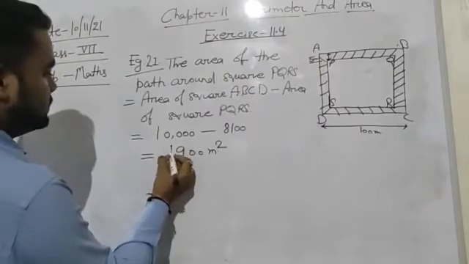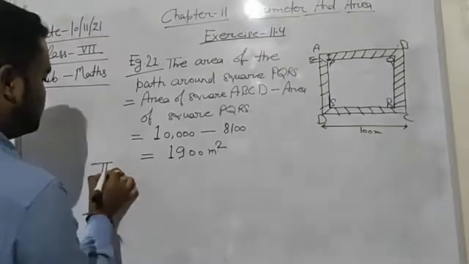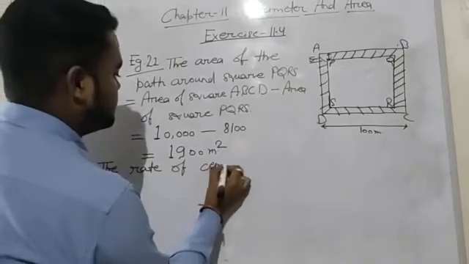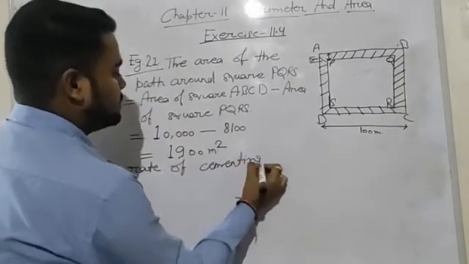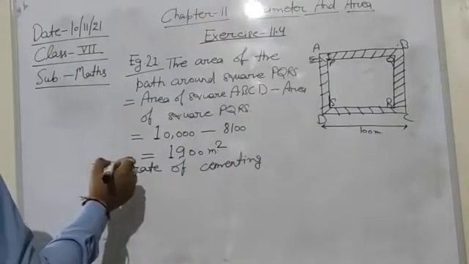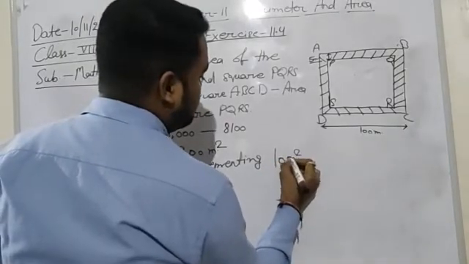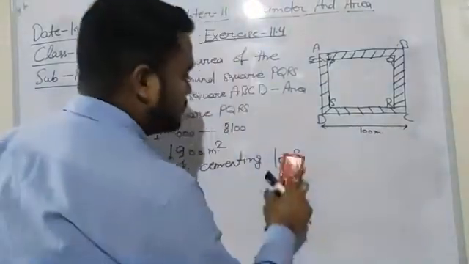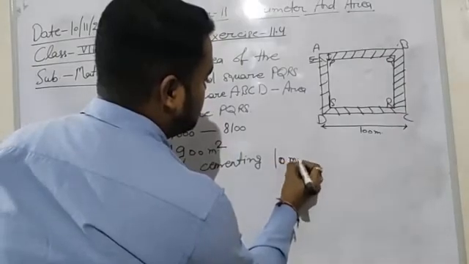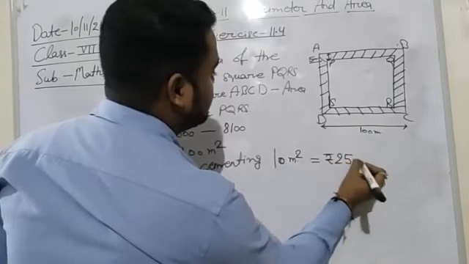So now we have to find the cost. The rate of cementing 10 meter square: if we have to cement a 10 meter square area, then we have to give 250 rupees for that.